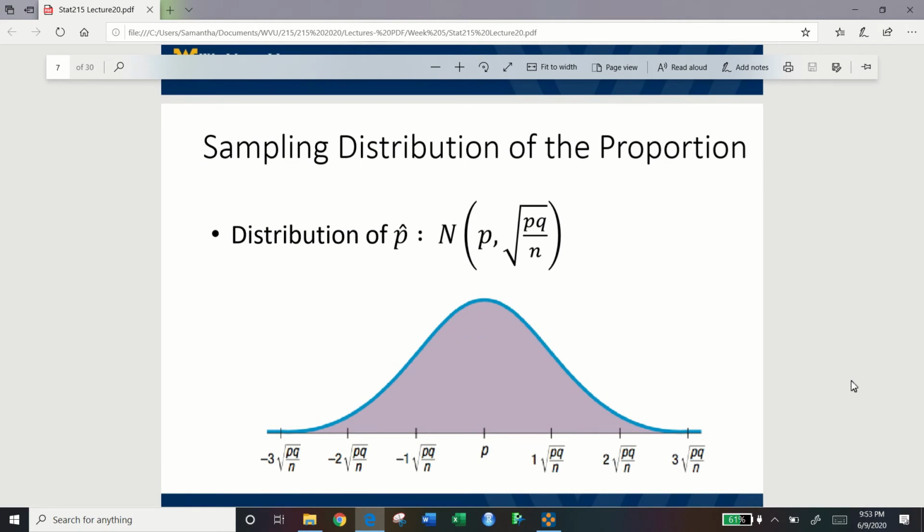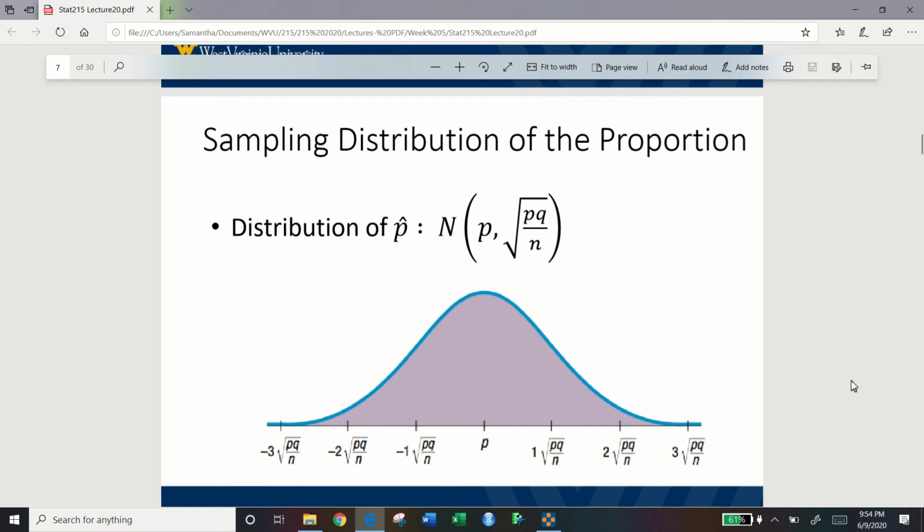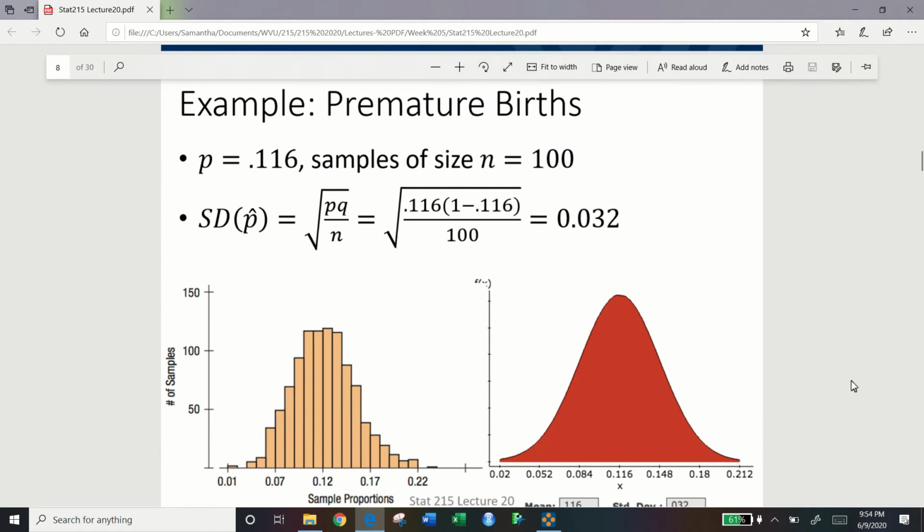In other words, our sampling distribution of p hat, which is our proportion of our sample, should approximately follow the normal distribution with mean p and standard deviation square root of pq over n. We can see a drawing of our theoretical normal distribution below. Let's go back to our example for our premature births.